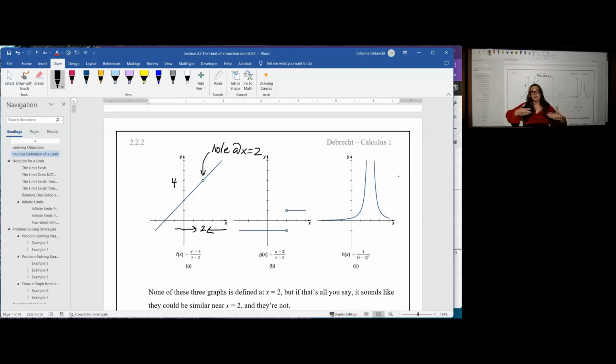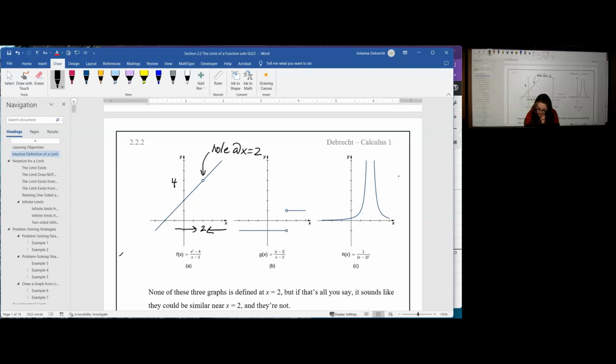It's the same from the right and the left. They both look like they're going to hit the same y value. That is the limit. The fact that we have a pothole right there in the graph at that point does not matter. It looks like it's going to hit 4 from both sides. So we say the limit as x approaches 2 of this function is 4.